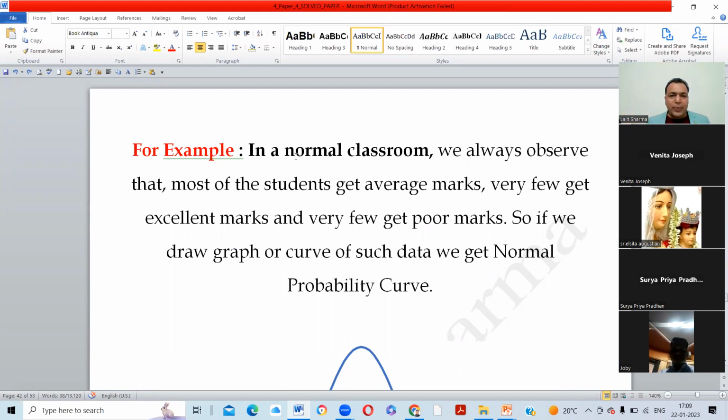In a normal classroom, we always observe that most of the students get average marks, very few get excellent marks, and very few get poor marks. If we draw this on a graph or curve of such data, we get the normal probability curve.